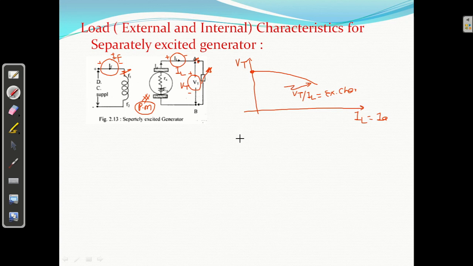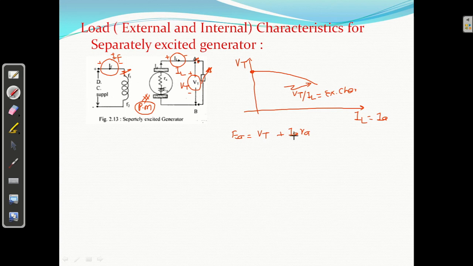Now we know, EA equals what? EA equals VT plus IARA. The current flows from higher to lower potential, so EA is more, so EA equals VT plus this drop IARA.